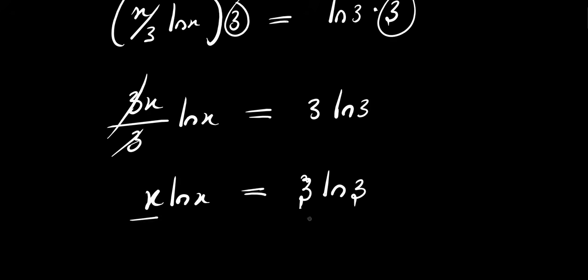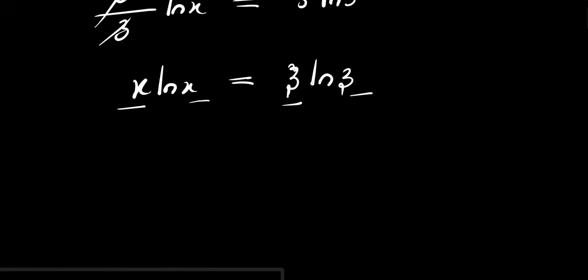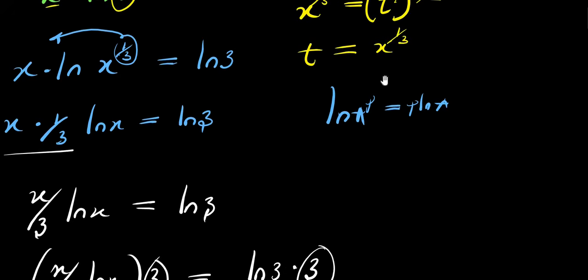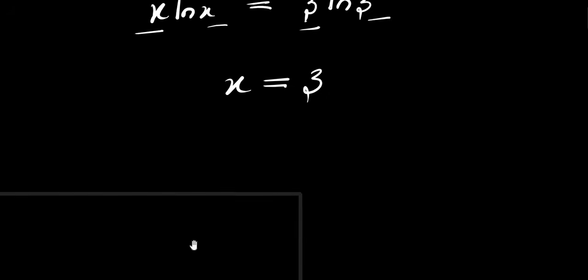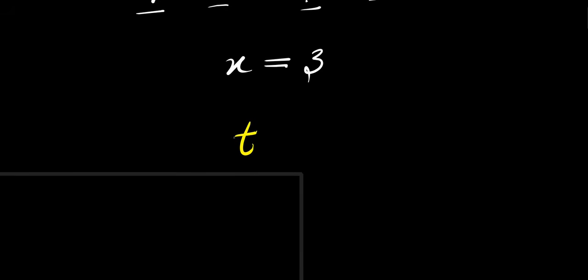Now there's x here, there's 3 here, there's x here, and there's 3 here. That means I can compare and have x equals 3. So if x equals 3, I can solve for t. Remember, t equals x power 1 over 3.